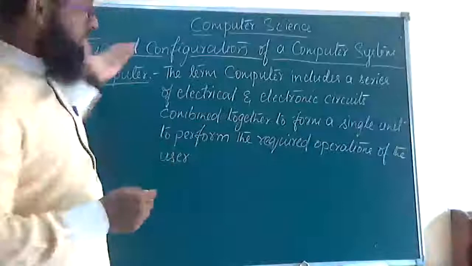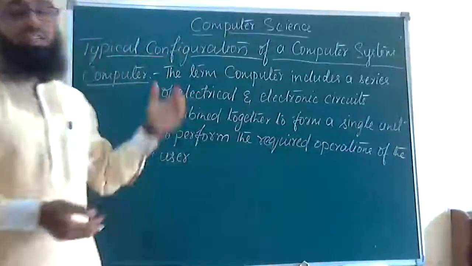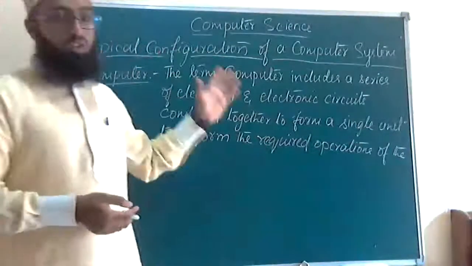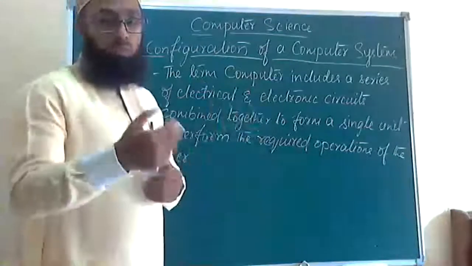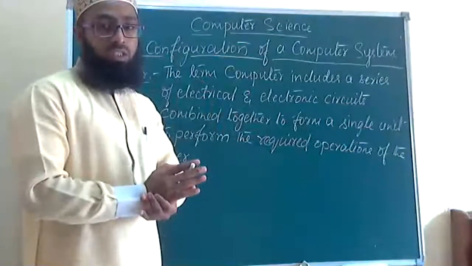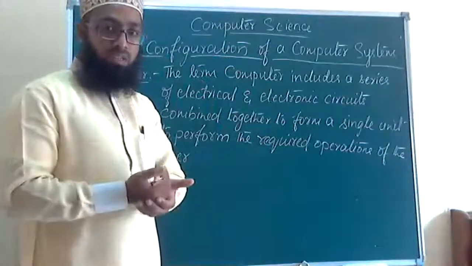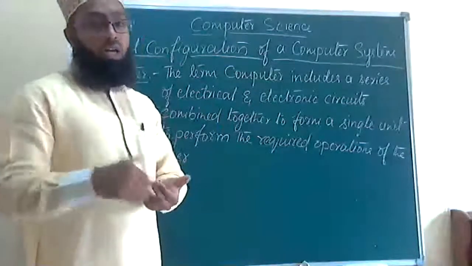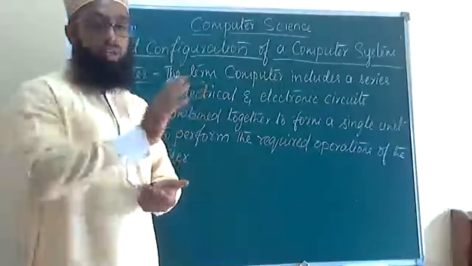You may define it in many ways: it is an electronic calculating machine or an electronic machine which inputs, processes and outputs data, or a computer is an electronic calculating machine which accepts data from the user, processes it and also gives the output results.